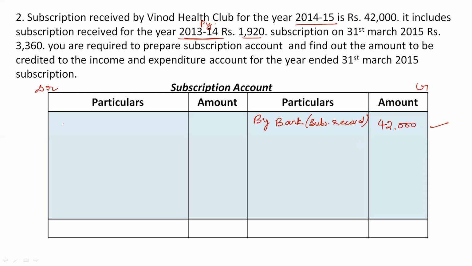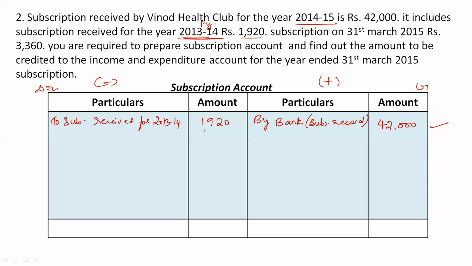Anything that you need to deduct from this amount, take it on the debit side. Anything that you need to add to this amount, take it on the credit side. Since it's related to the previous year, we will deduct it. On the debit side, we'll take it as to subscription received for 2013-14. How much? Rupees 1,920.